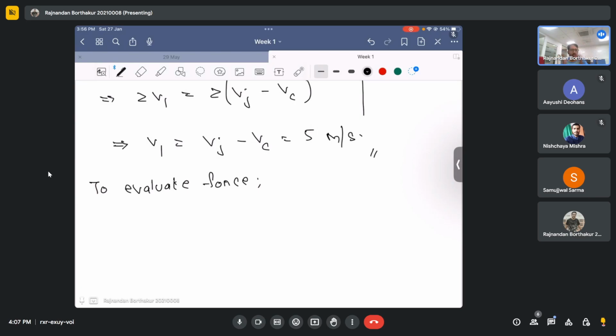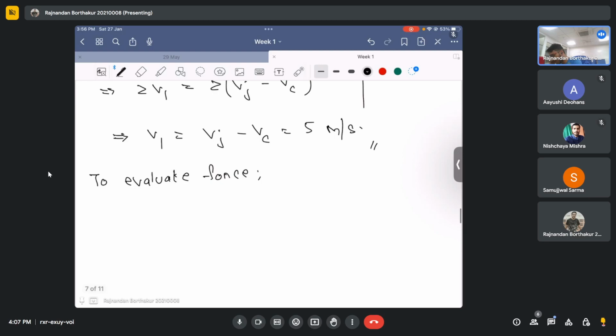RTT means the Reynolds transport theorem for momentum conservation. So, to evaluate force, we apply RTT for momentum conservation.